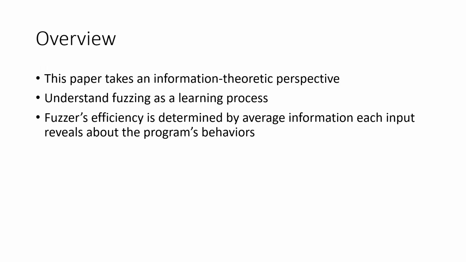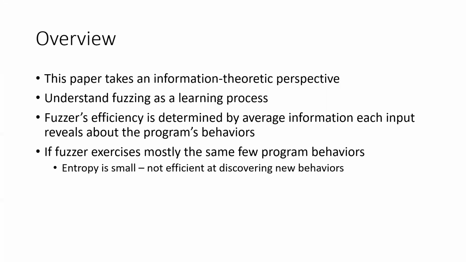Because each input that they give to the program is different, they want to know which input provides more information about the behavior of the program. For example, if the fuzzer exercises mostly the same few program behaviors, then we can say that this fuzzer's entropy is small, or the seed's entropy is small, and hence this seed is not efficient at discovering new behaviors.